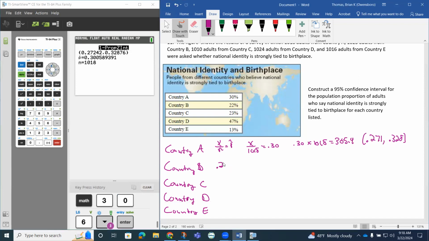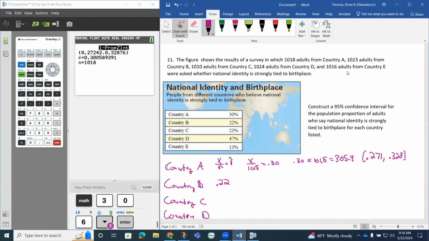So 22% of the people believe that nationality is tied into the birthplace. And how many people were surveyed in country B? It looks like 1,023 people were surveyed in country B. So notice that for each country, we had a pretty close number of surveys there.